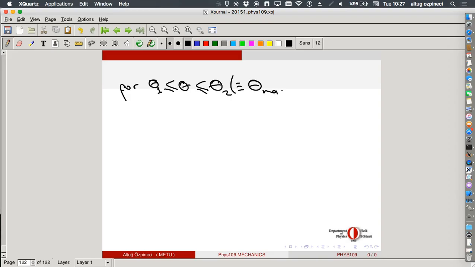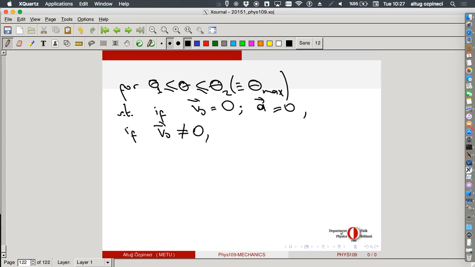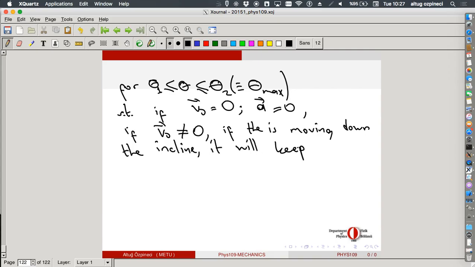This theta 2 we had called theta max, such that if V0 is equal to 0, acceleration is 0. If V0 is not equal to 0, let's say the object is moving down the incline, it will keep accelerating.